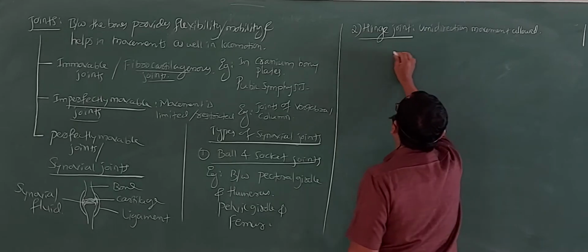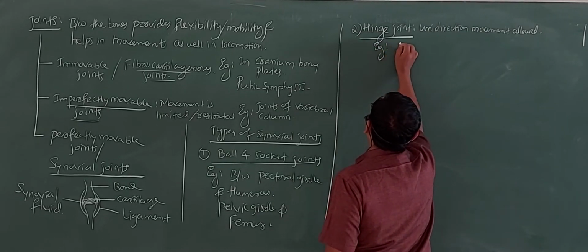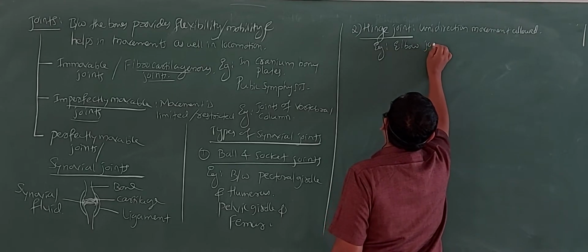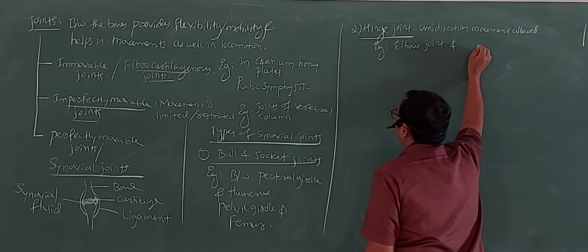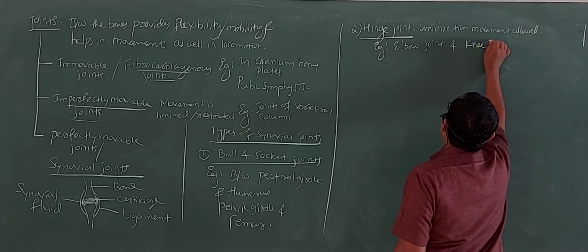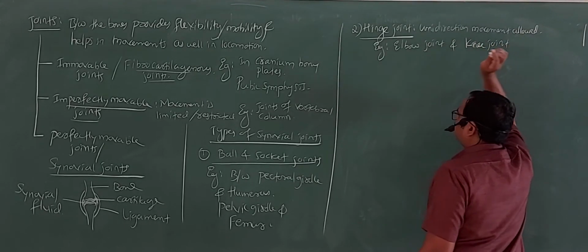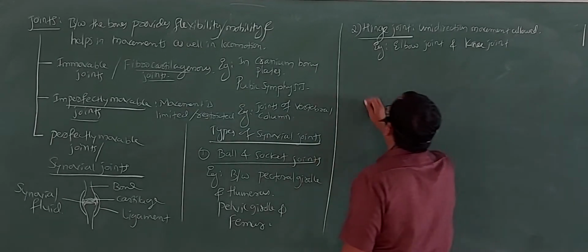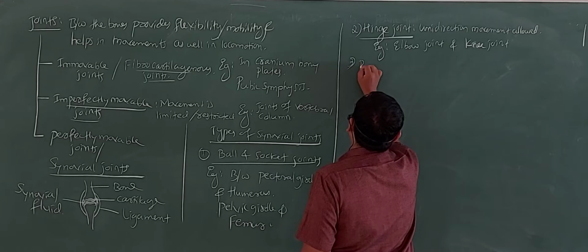A hinge joint can be seen mainly in the elbow joint and the knee joint. Then the third one is the pivotal joint.